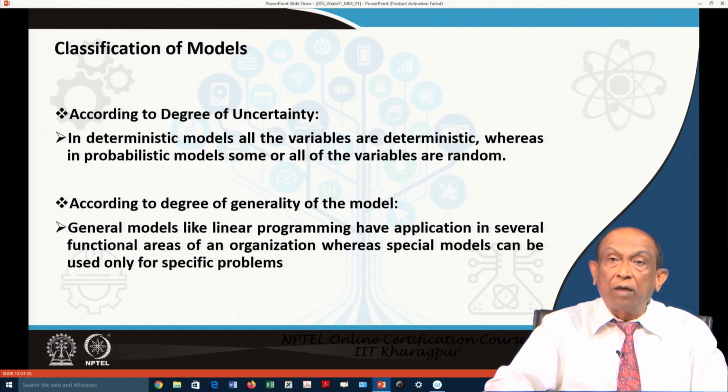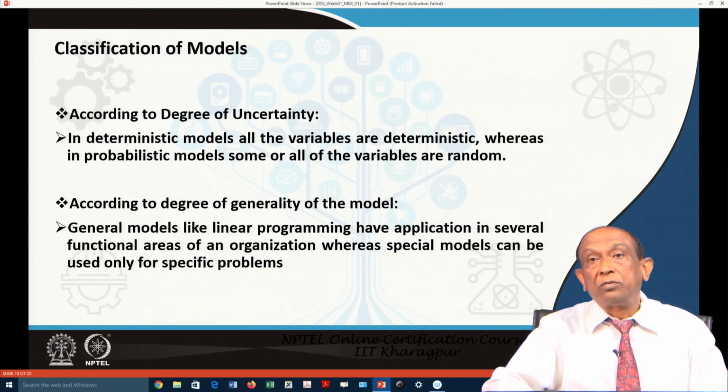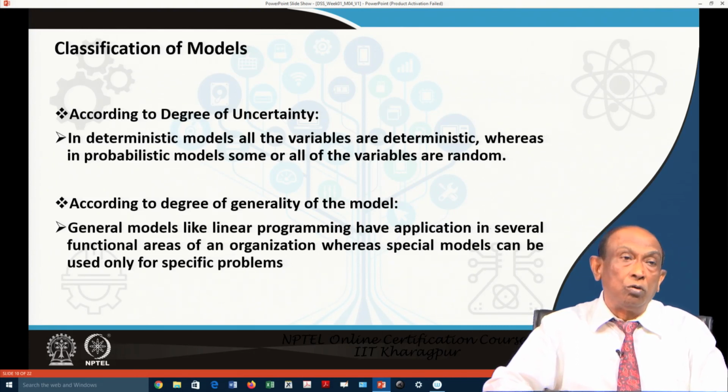Next classification comes when we talk about the degree of generality that is there in the model. General models like say linear programming, they have application in several functional areas of an organization, whereas special models can be used only for solving specific problems.